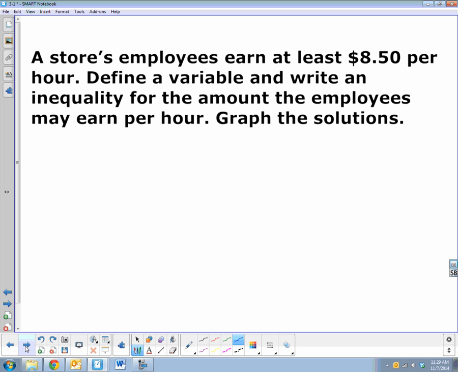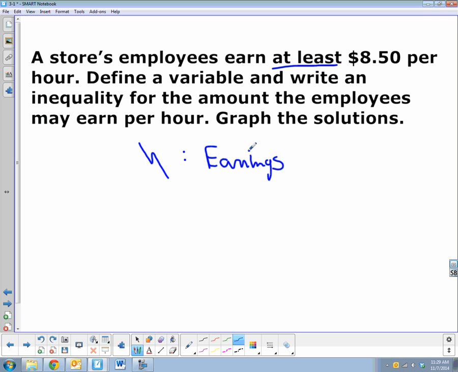A store's employees earn at least, there's that term again, at least $8.50 per hour. Define a variable. How about lightning bolt? Lightning bolt means what? Well, what am I talking about here? An employee earns earnings. So let's go with earnings. So lightning bolt means their earnings. That's how much they earned.